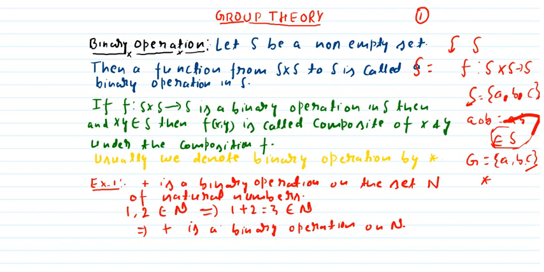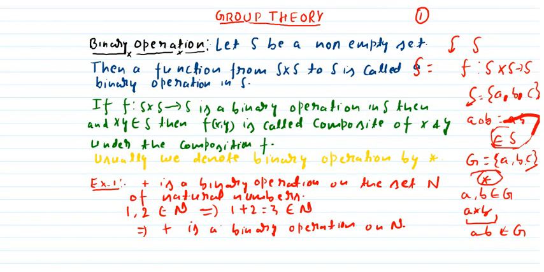Then we will say star is a binary operation on G if we take any two elements A and B of G and apply star between them, A star B, and the new element, suppose it comes AB, also belongs to G. Then this operation star is called a binary operation.